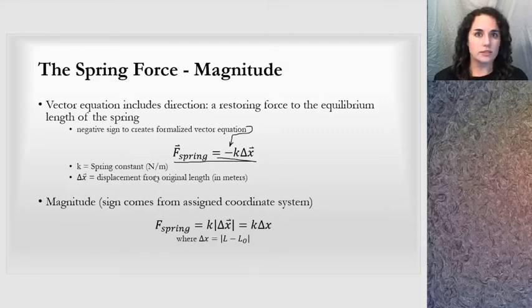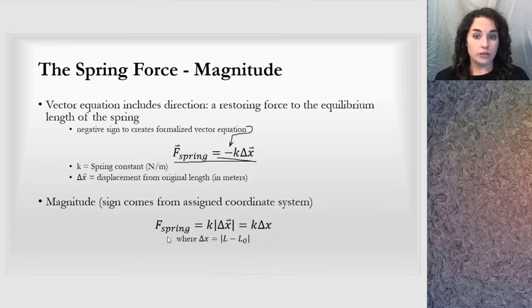The spring constant describes how strong or weak the spring is. So the stronger the spring, the larger the spring constant. If you push on a spring a distance x and it has some spring constant, you will be able to determine the force on it.